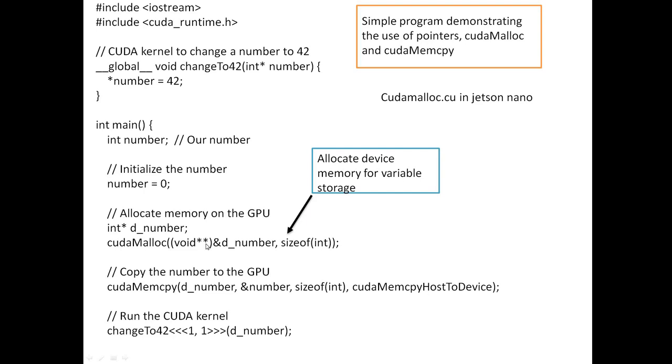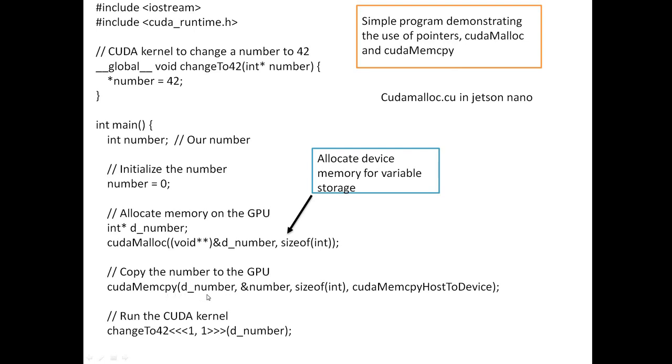It is in a distant far off memory, which is not the local memory. So one star is for the local memory, the double star is for the device memory pointer. When you do this, it is creating a space for storing the number 0 in the distant memory location. After that, you are doing a memory copy.